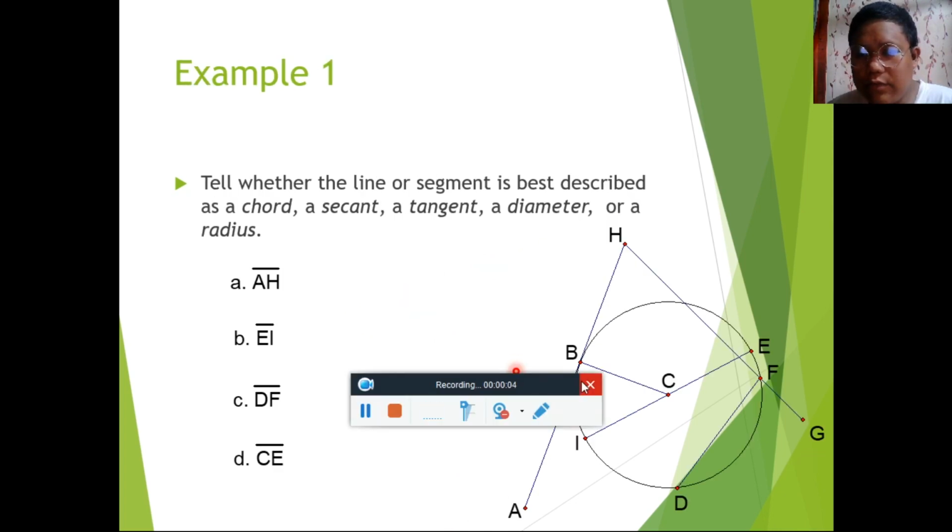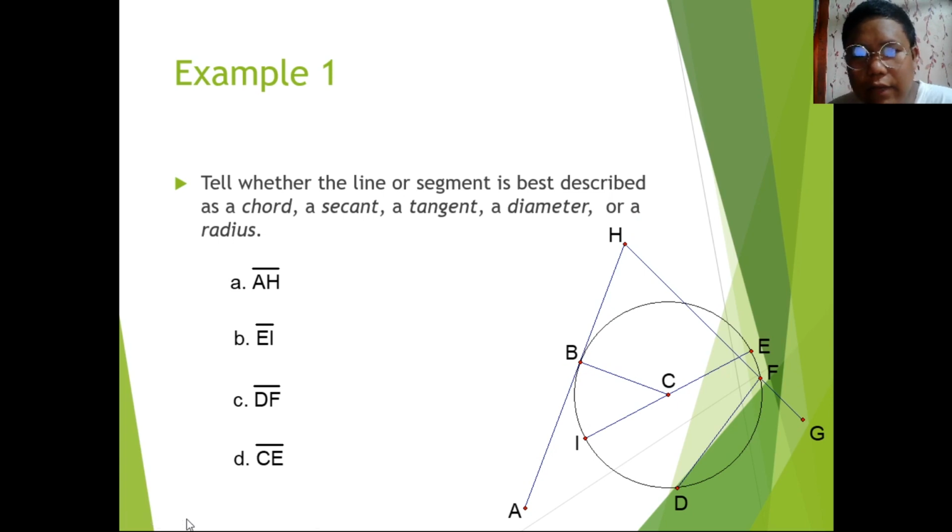Okay, so let's go now to example 1. Tell whether the line or segment is best described as a chord, a secant, a tangent, a diameter, or a radius. So let's start with AH. As you can see, segment AH intersects at 1 point, which is the point B. So therefore, that is a tangent.